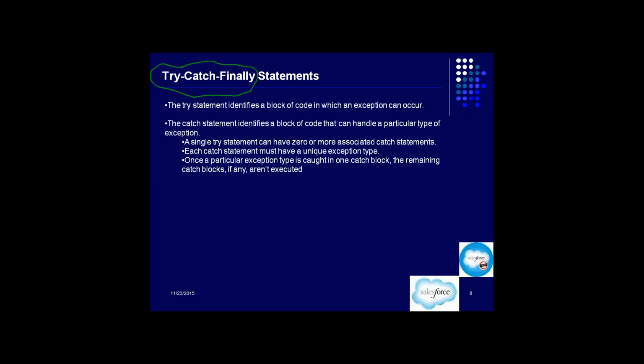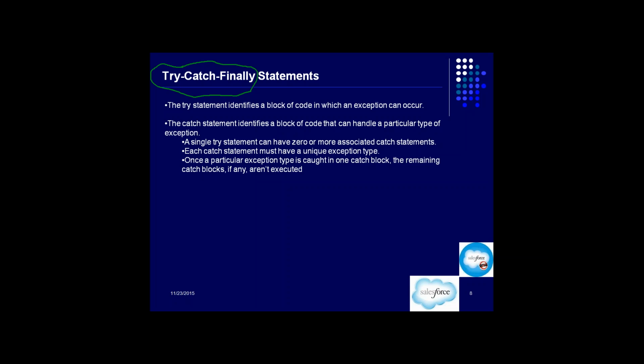The catch statement identifies a block of code that can handle a particular type of exception. So in the catch statement, you will handle that exception basically. A single try statement can have 0 or more associated catch statements. Each catch statement must have a unique exception type. What type of exception you want to catch, that needs to be written in the catch statement.